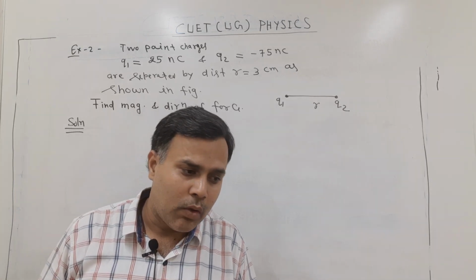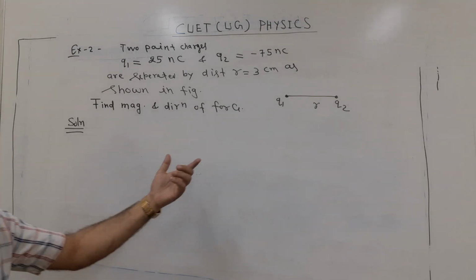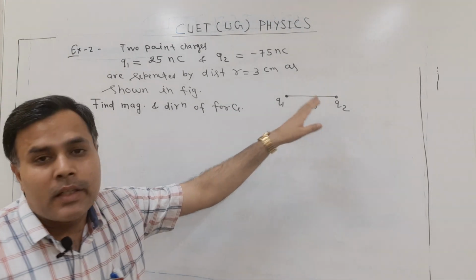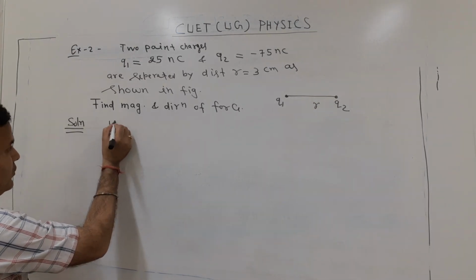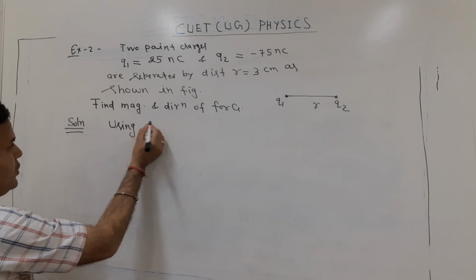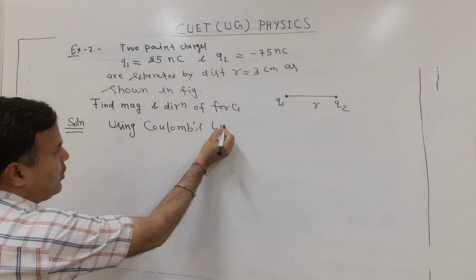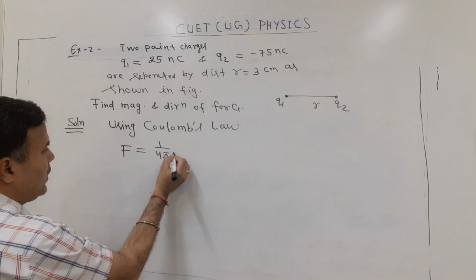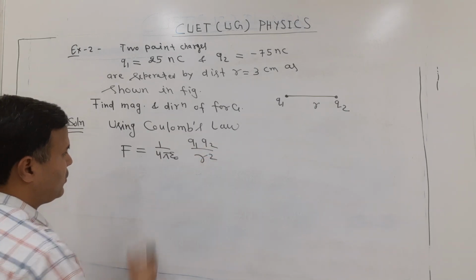Using Coulomb's law, we can find the force between these two charges, which are point charges separated by distance r equal to 3 centimeter. Coulomb's law states that F is 1 upon 4 pi epsilon 0 q1 q2 by r square.